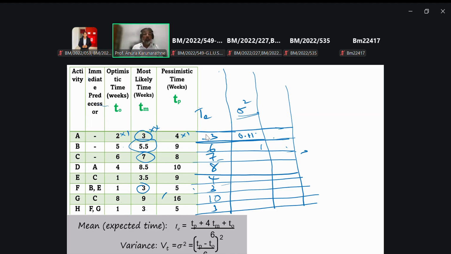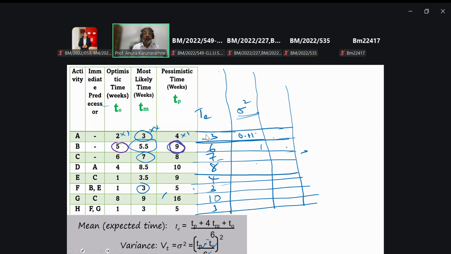Variance, here you can see this formula. Pessimistic time minus optimistic time by 6, right? Square. Then just 5 by, right, 0.44.